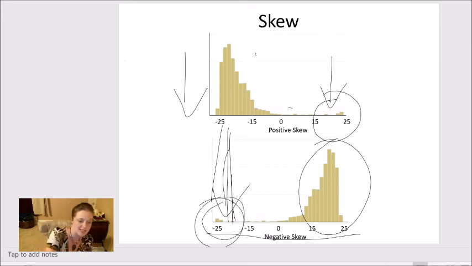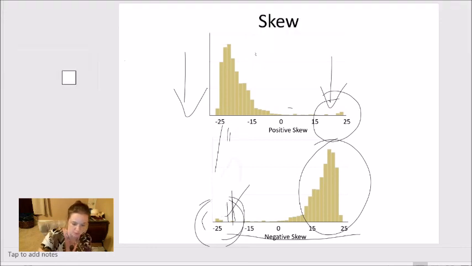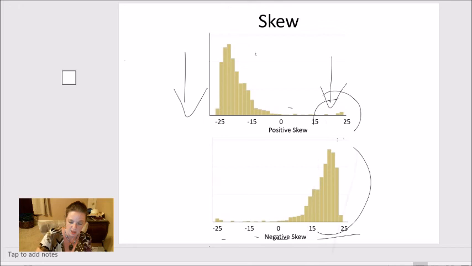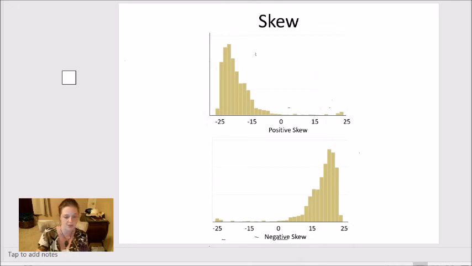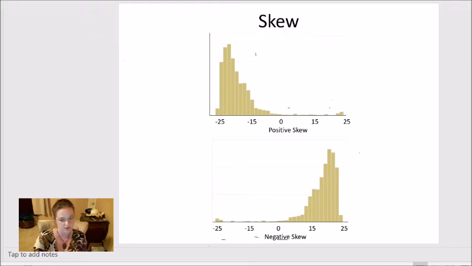And one last thing I'd like to point out. Anytime, okay, this is called positive skew. It is also called right-hand skew because there's extra extreme scores on the right side.